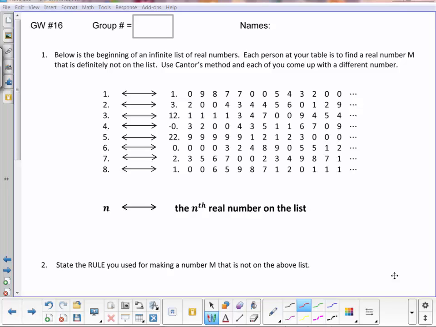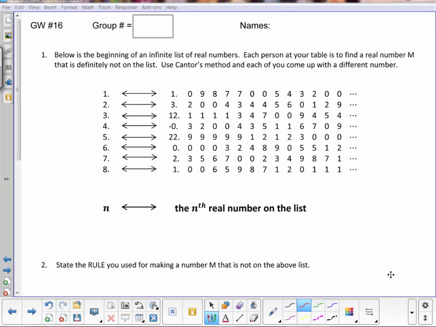In problem 1, I want you to assume that you have a list, or proposed list, of all the real numbers. This list of real numbers is shown in a one-to-one correspondence with the natural numbers. You can see there 1 through 8, down to the nth real number on the list.